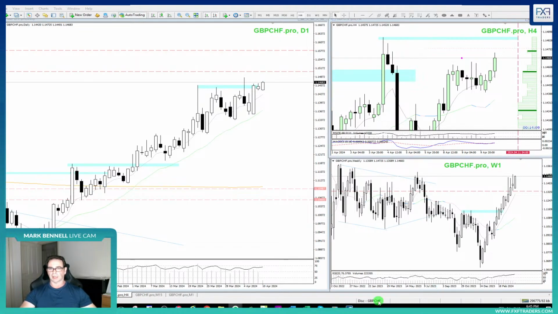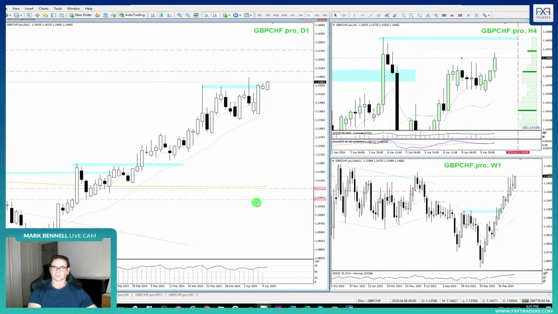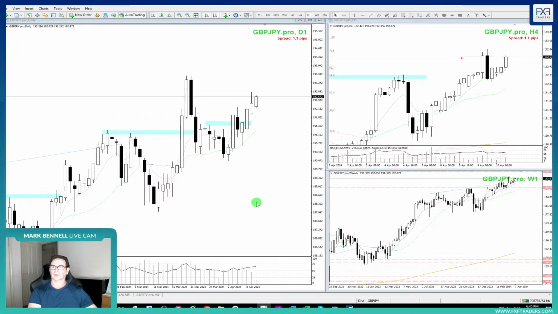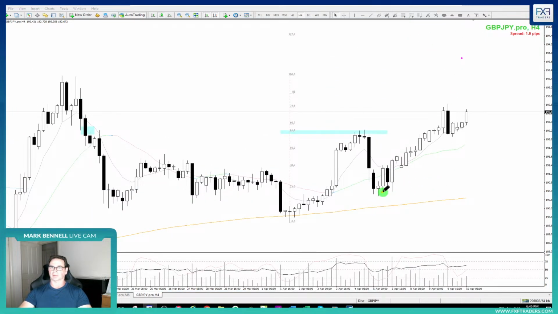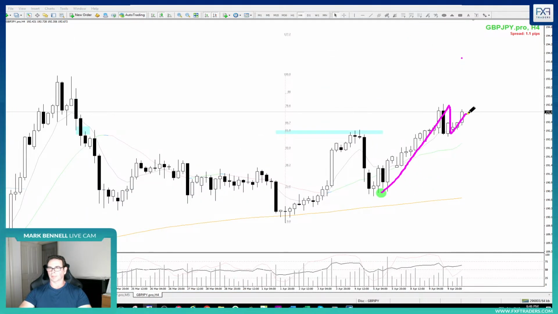Okay, pound yen. All right, look, pound yen can move relatively extended. So similar to euro yen, just simply looking for, maybe if this could pull back and give us something, that was all.